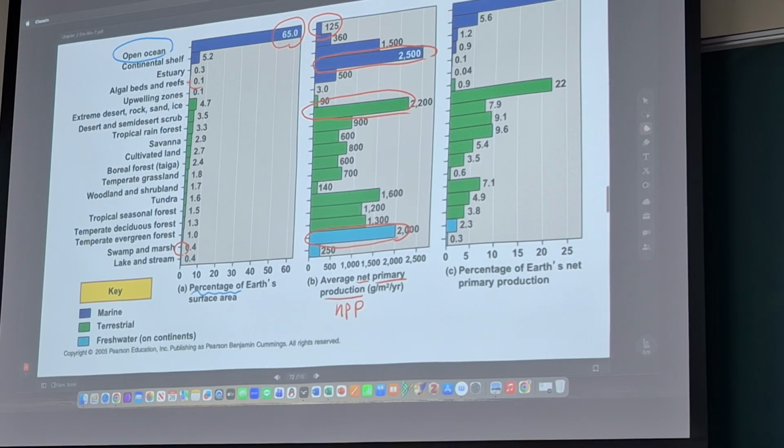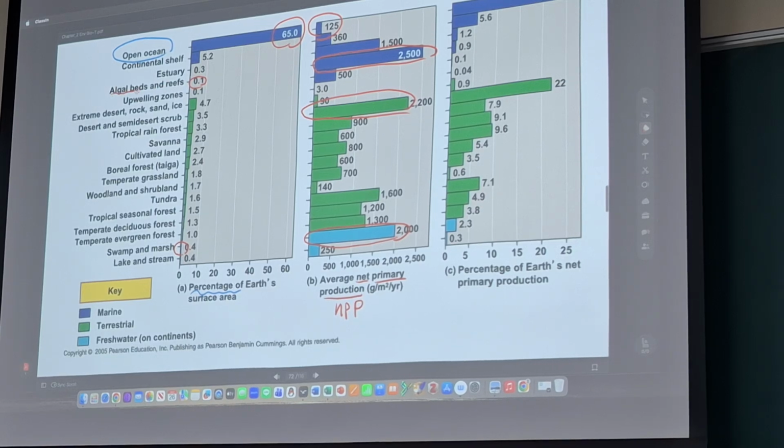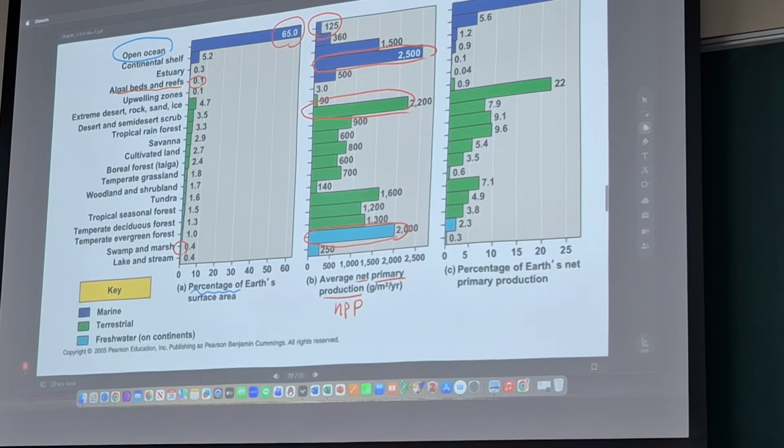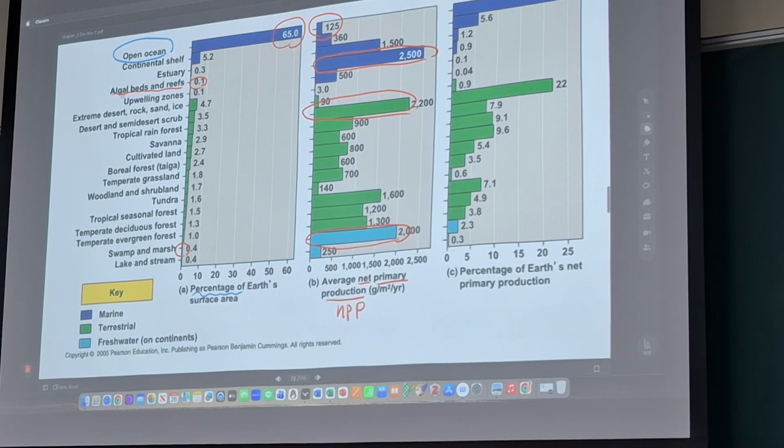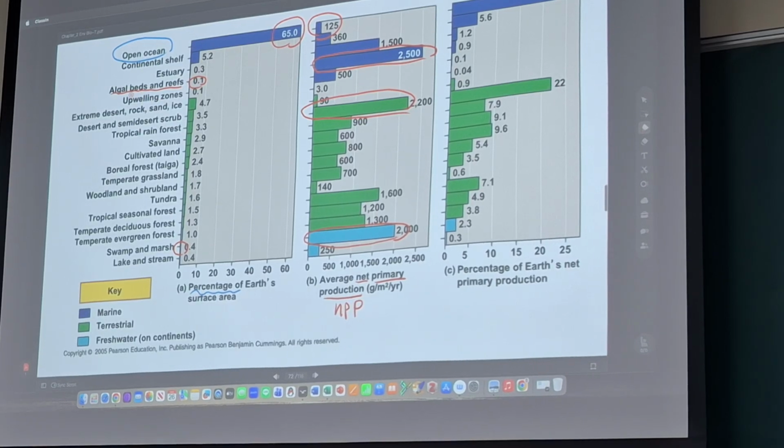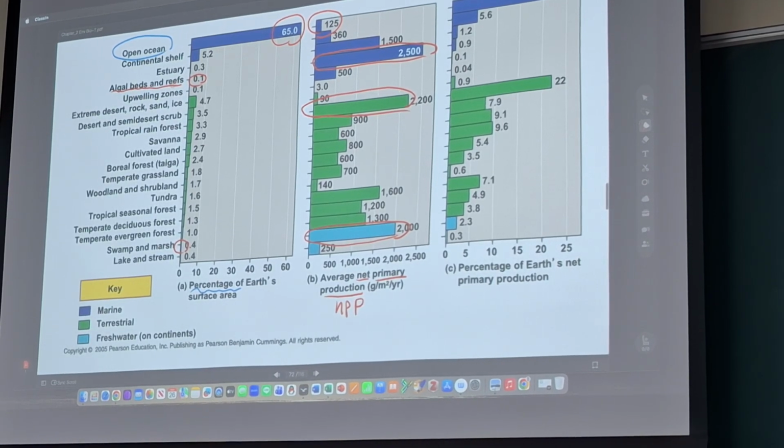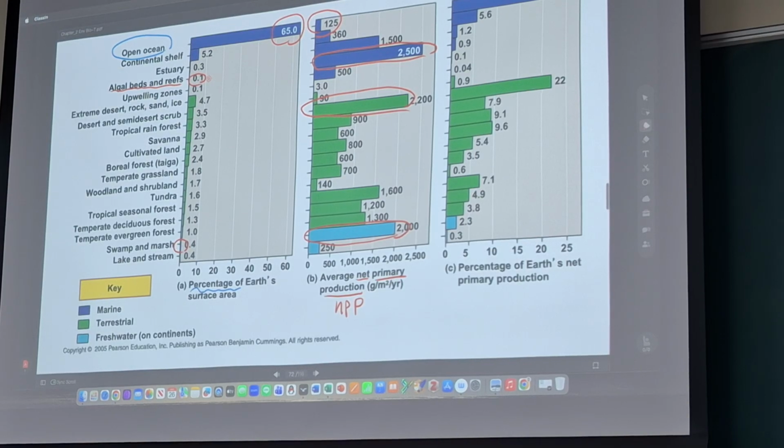Especially this one. Algal beds and reef. Algal means 藻类, okay? You can see the algal bed reef 珊瑚礁. Although it just occupies 0.1%, it contributes a lot.